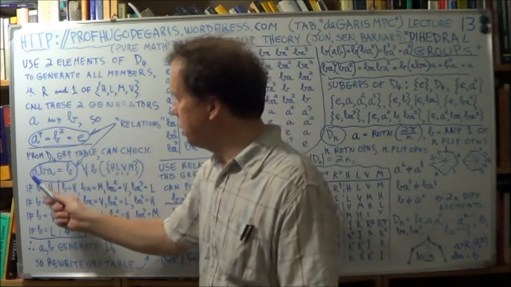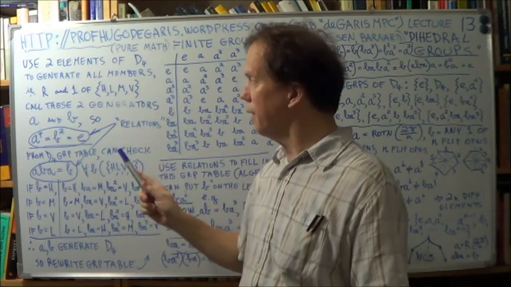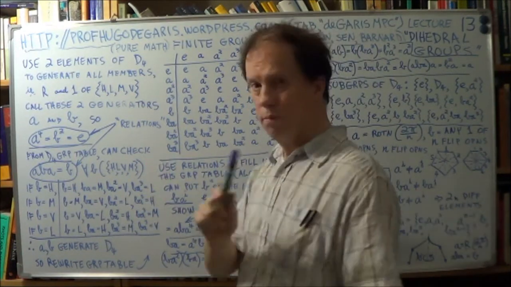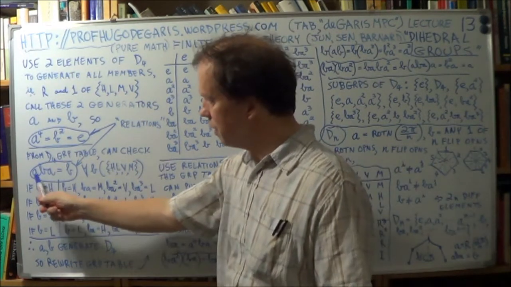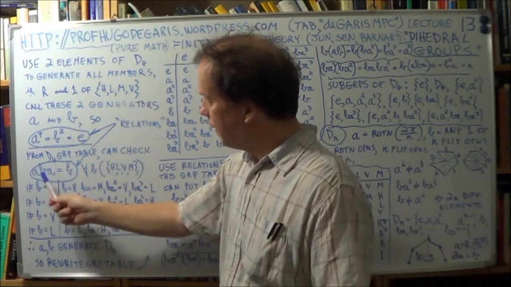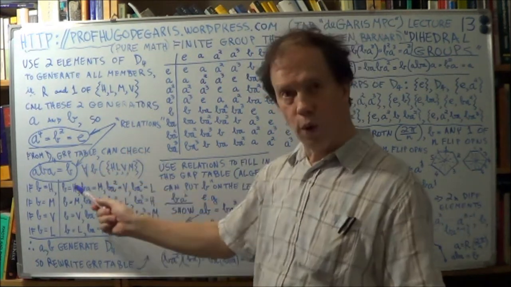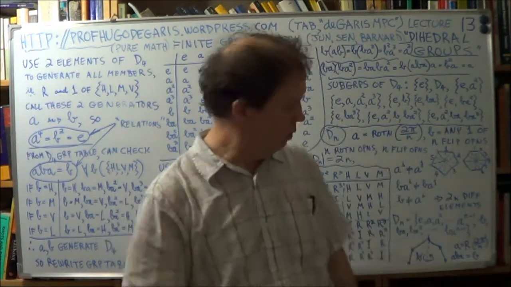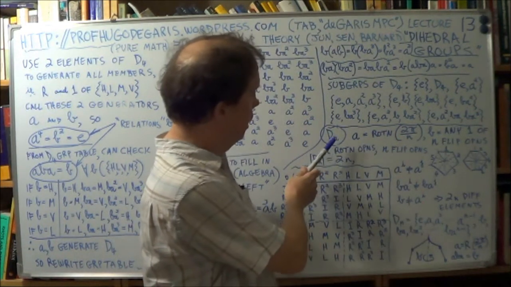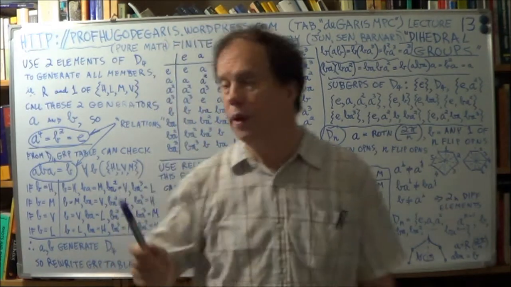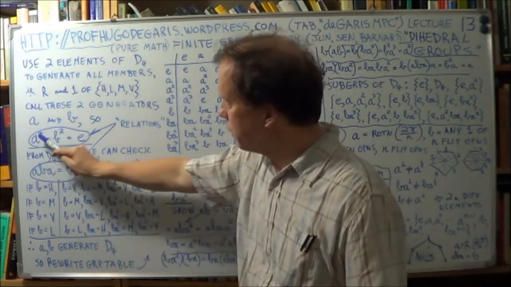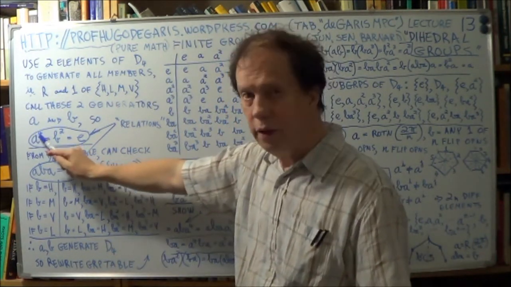Go back to this relation. Now, in fact, I'll show that it's the case, but jumping ahead a little, assuming that it is true, your relations for the general dihedral group of n will be, instead of it being a 4 here, this will be n, right?